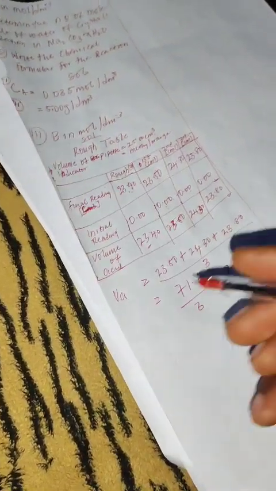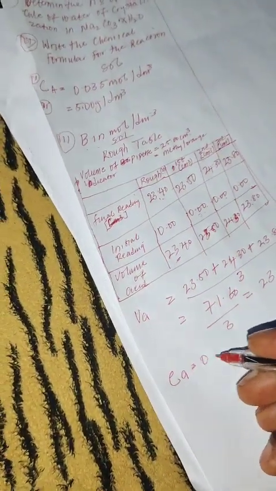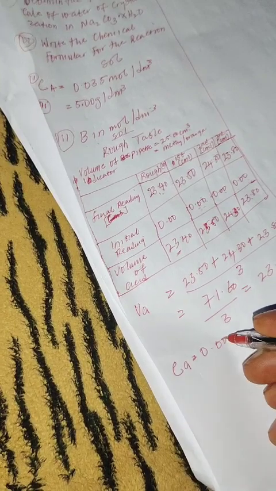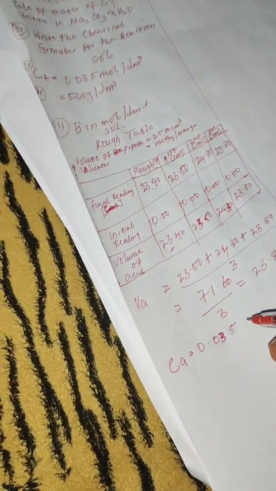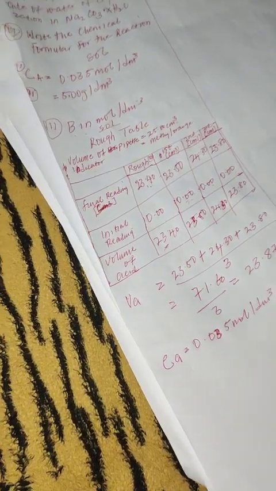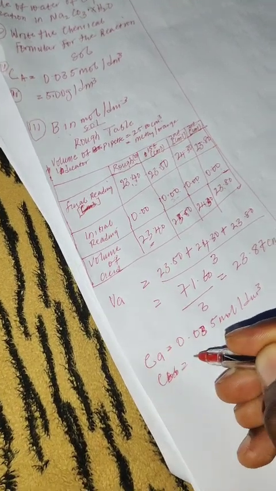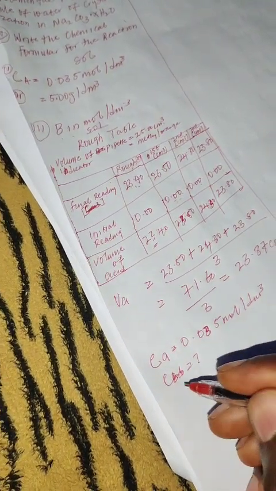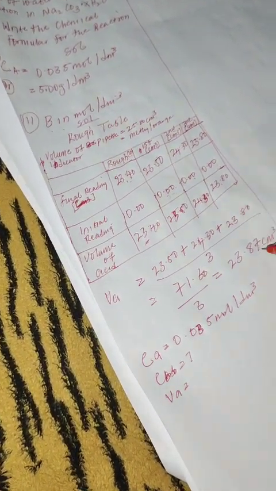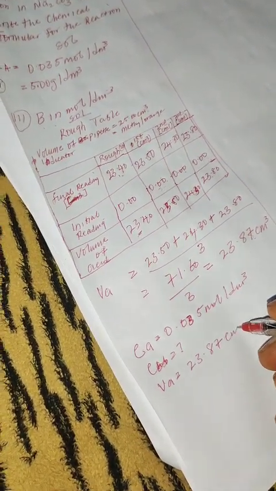Since I now know my VA, and I know my CA, I've solved my CA to be 0.035 mole per dm3. Then my CB, I don't know, is what I'm looking for. Then my VA, I've solved for it to become 23.87 cm3.